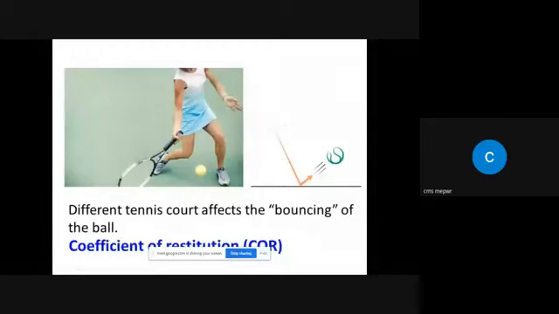Even in a cricket match, the type of pitch on which you are playing will decide what type of bounce and swing you can have. That is due to the coefficient of restitution between the two contacting bodies.